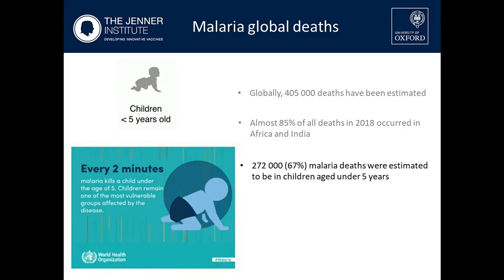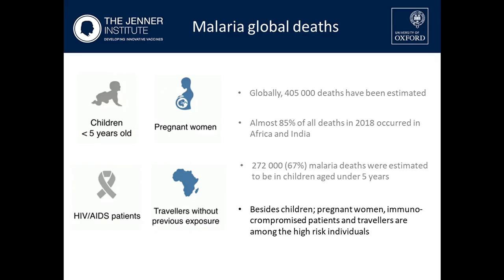Sadly, 67% of those deaths are estimated to be in children under the age of 5. Malaria kills a child under the age of 5 every 2 minutes. Among the other people at risk of severe malaria are pregnant women, immunocompromised patients, and travelers.